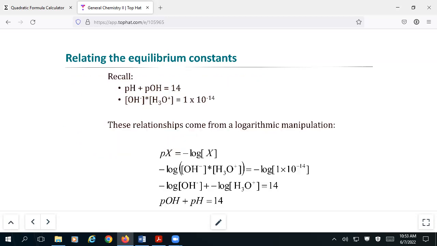So we talked yesterday about the relationships between pH, pOH, and 14, which is pKw. And we also looked at the relationship between the hydroxide concentration and the hydronium concentration and the autoionization constant for water, Kw, 1 times 10 to the negative 14th.